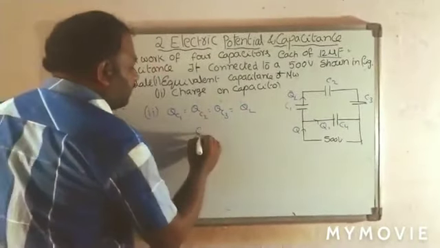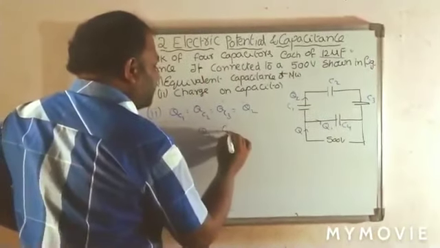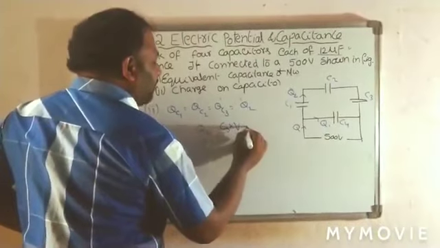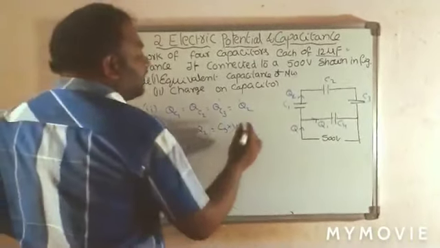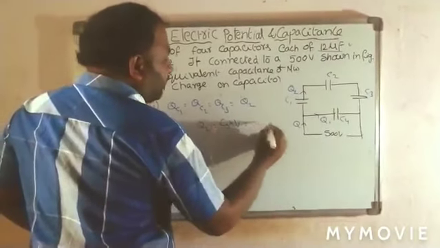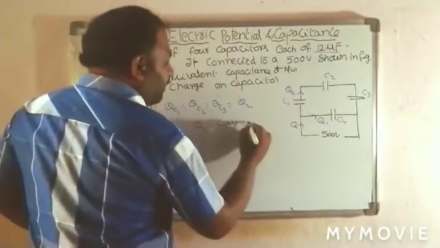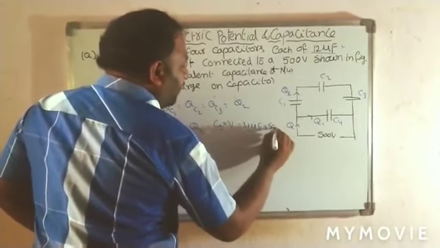Here Q2 is equal to the total capacitance of the series combination, CS, into the applied voltage, which is V. Now CS is what we calculated in the previous question bit, that is 4 microfarad, into 500.